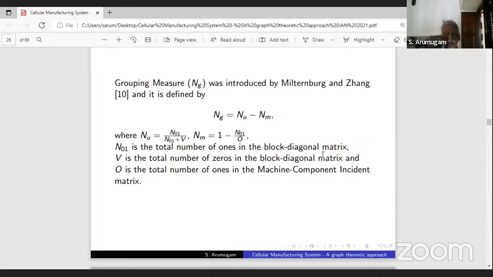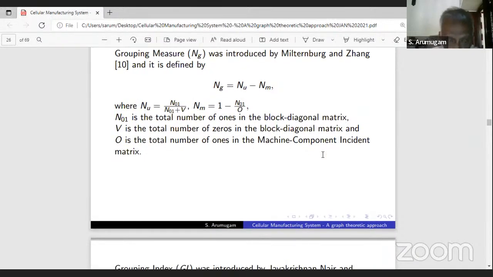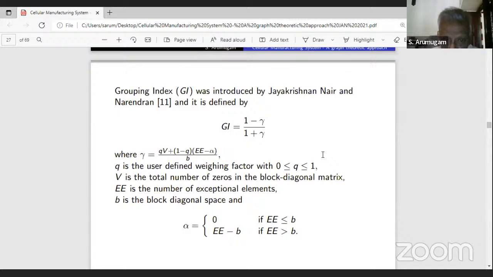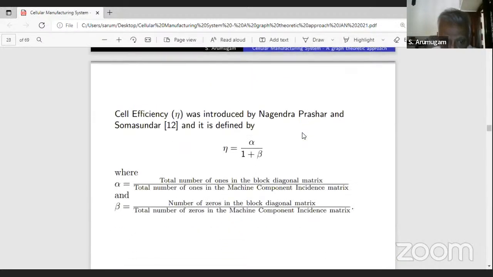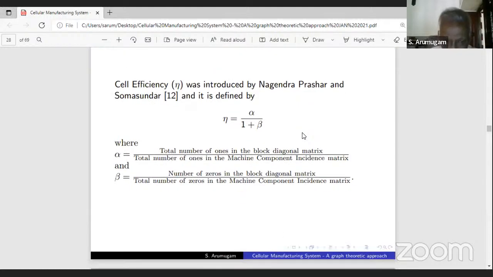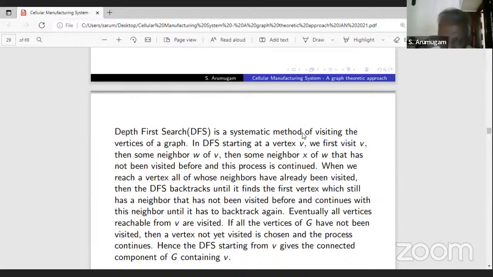If this number is within a certain range, they will say it's a good solution. There is also something called grouping index, and grouping cell efficiency, which is how efficient a particular cell is. They have developed a number for this idea. I'll use this later.